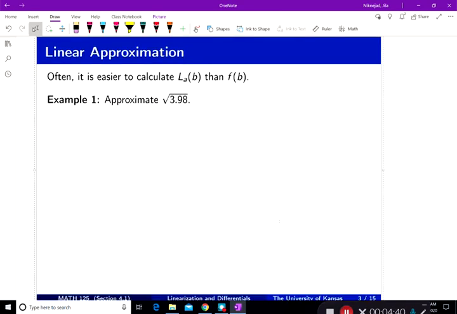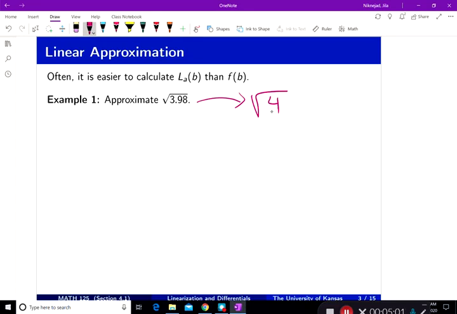Now, we're saying that it's going to be easier, so we're going to give you an example. Square root of 3.98. From grade school, what would you do to approximate this? You go to a nicer value that you can take the square root of, and then you use that to approximate. So what's a nicer value? Square root of 4.